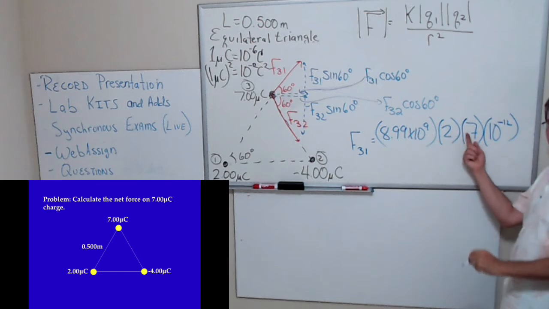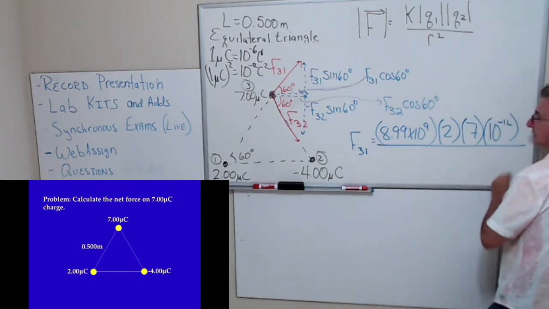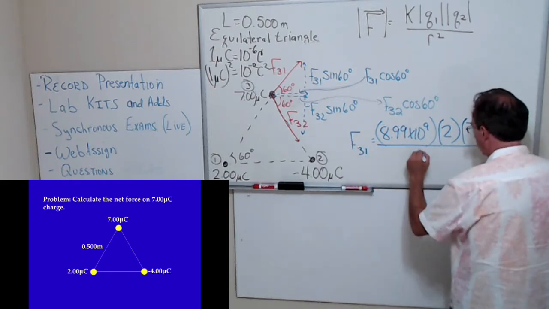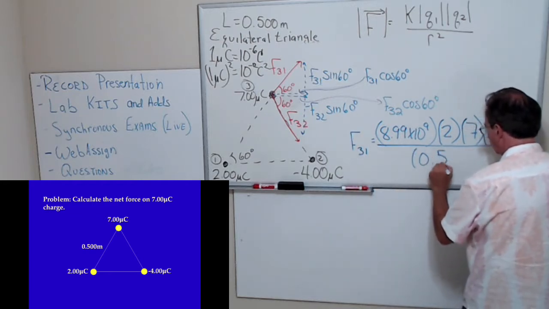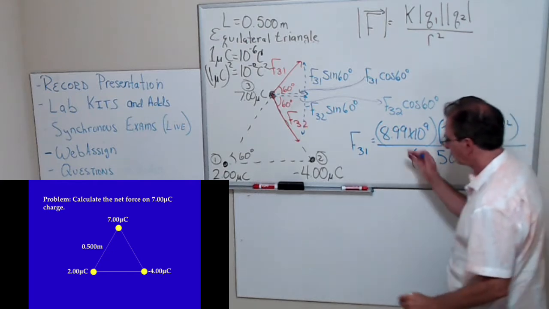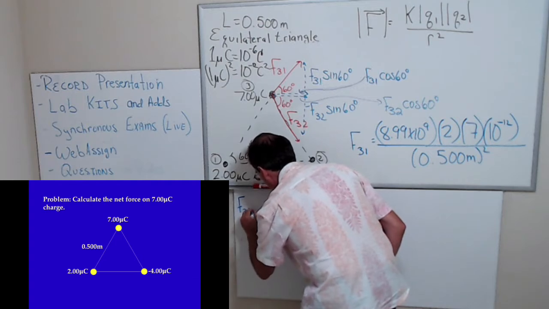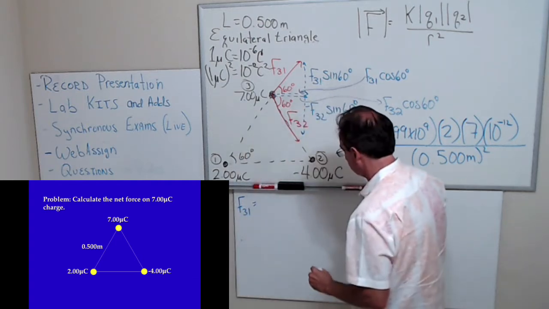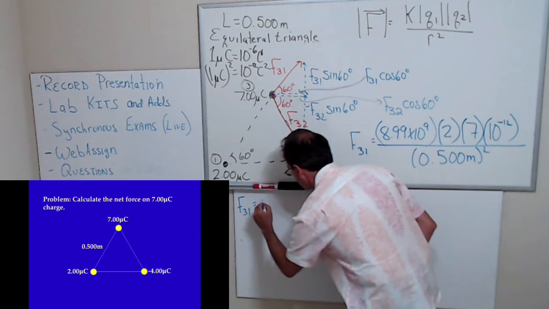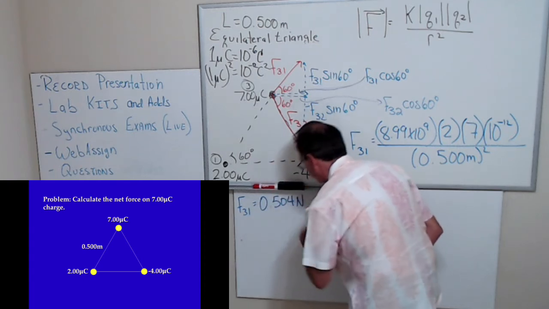That way I don't have to write this number out in scientific notation twice. And then I divide this by the L squared. And if you use your calculator, what you'll get is F31 is equal to 0.504 newtons.